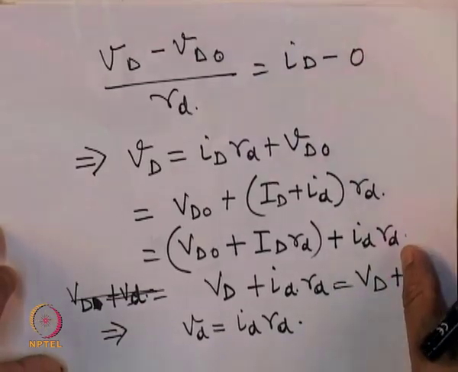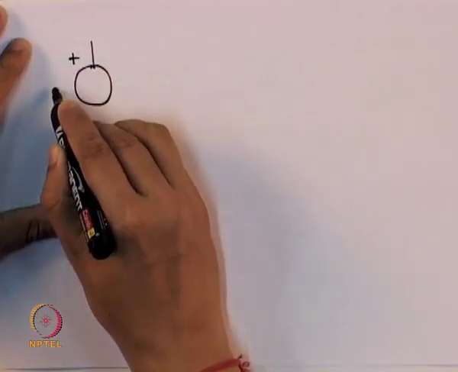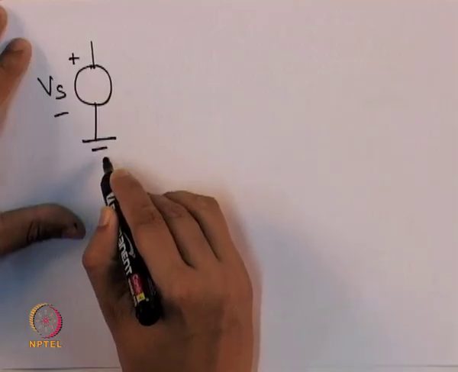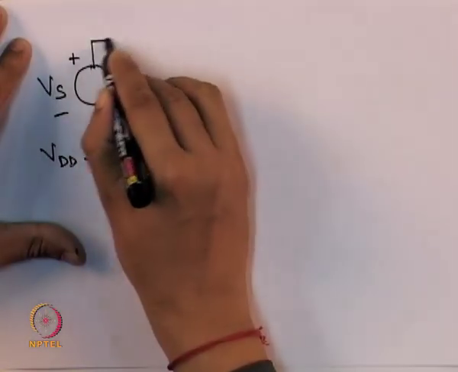Now, let us consider a circuit with the diode in it. Suppose we have a source, an AC source V s and a DC source V d d.